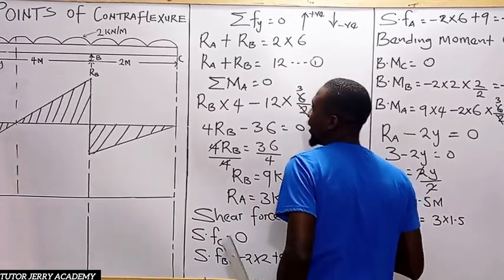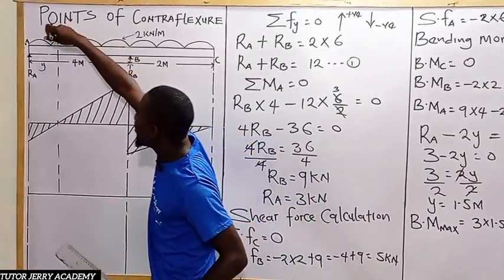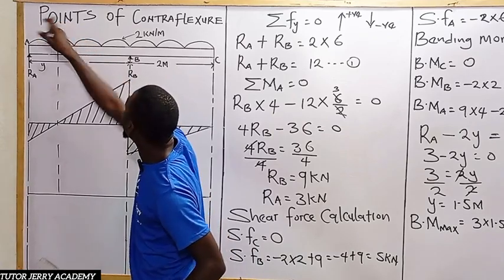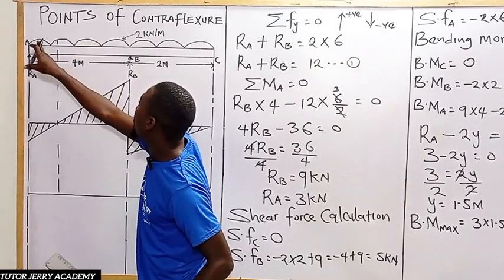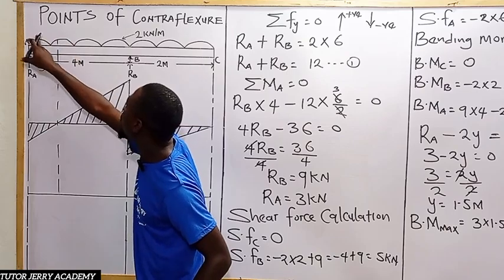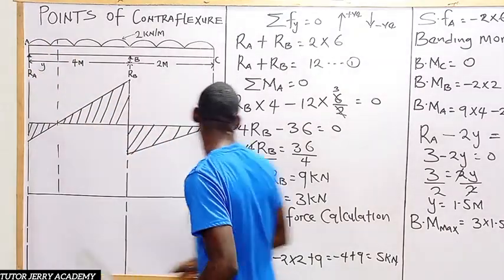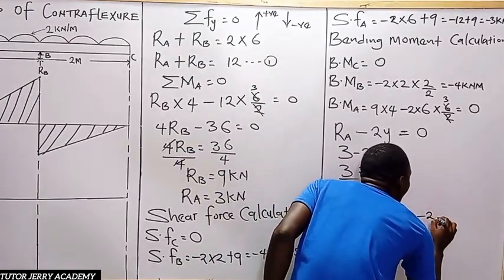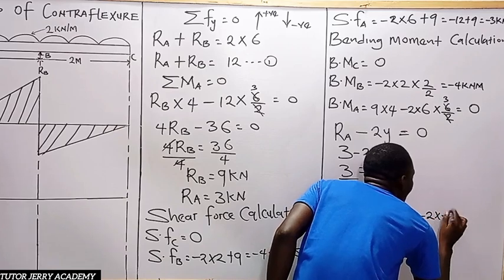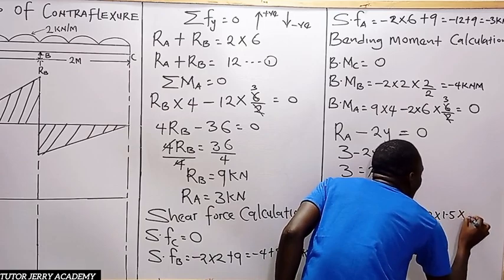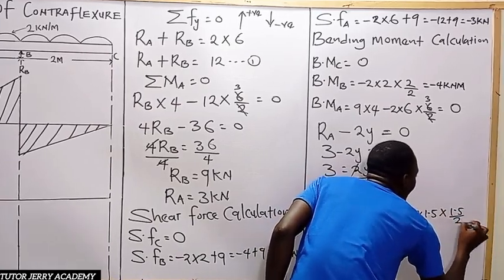That is our y. Then again, we have a downward force here. If we convert this uniform distributed load to a point load, it is 2 multiplied by y. That is minus 2y, that is 2 multiplied by 1.5, then times 1.5 divided by 2.